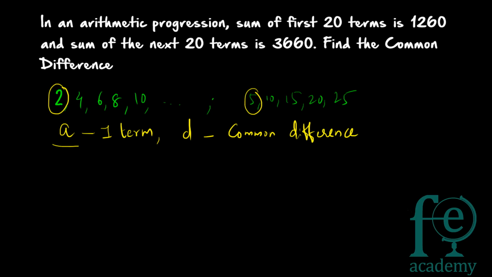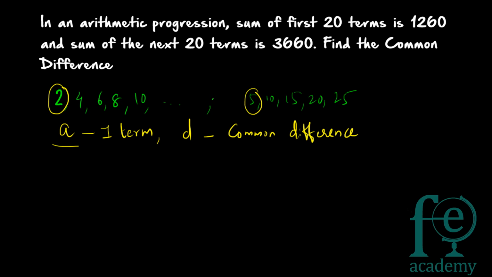It is called the common difference because the difference between the consecutive terms is constant, or common, throughout the series. So for the first series, common difference D is equal to 2, and for the second series, common difference D is equal to 5.